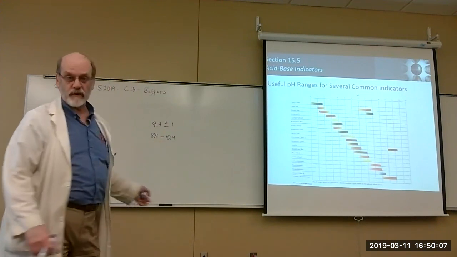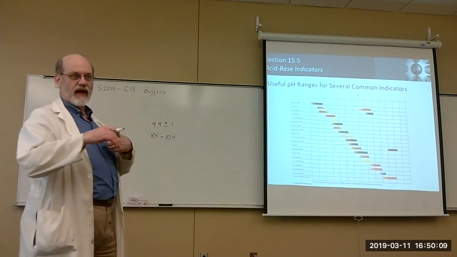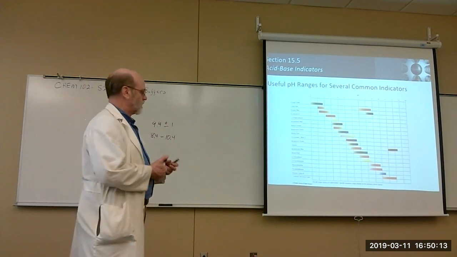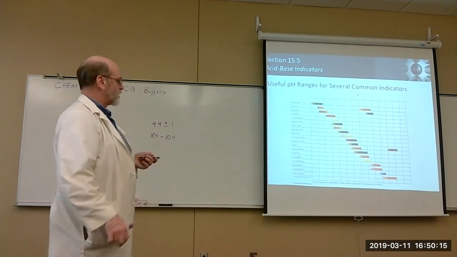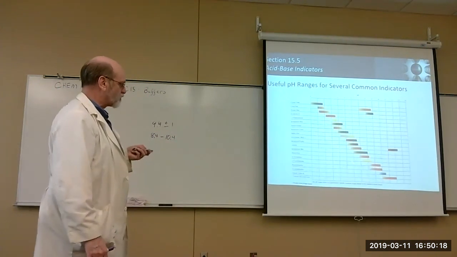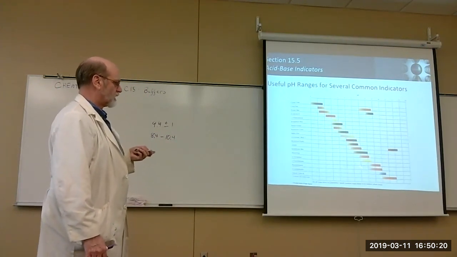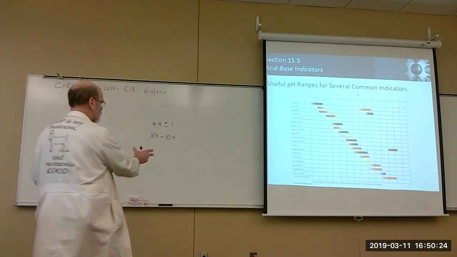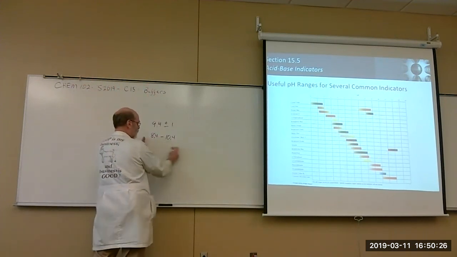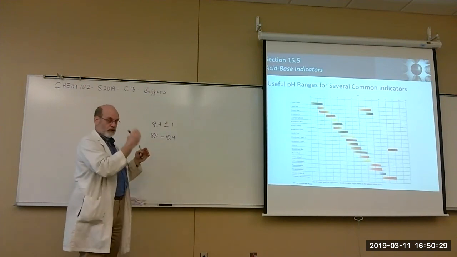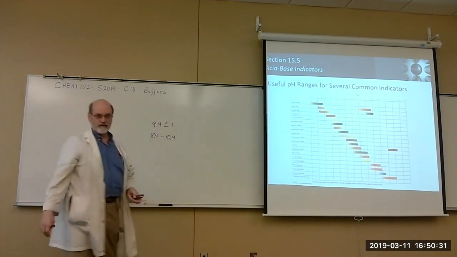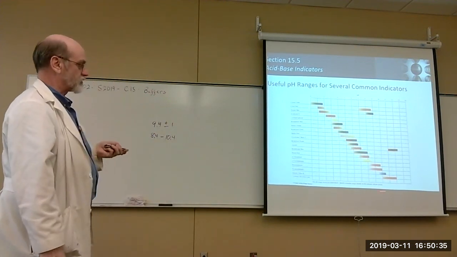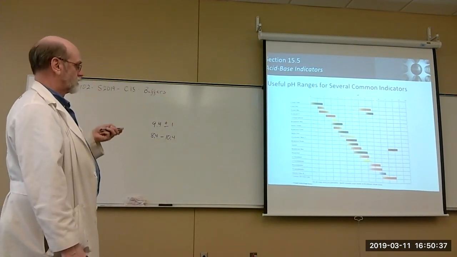So that explains the theory behind the ideal range of pH for an indicator. But the chart actually has practical information in it. Some indicators are only good within a much narrower range, and some of them are good, and you can detect color change in a broader range. So the best way to handle it is just find yourself a chart like this, right?